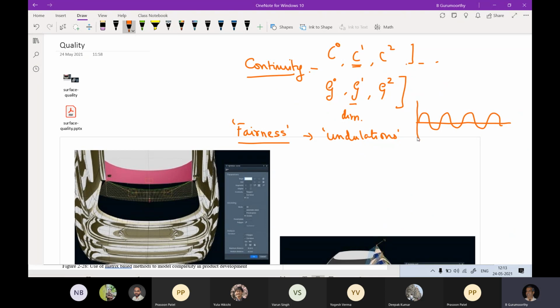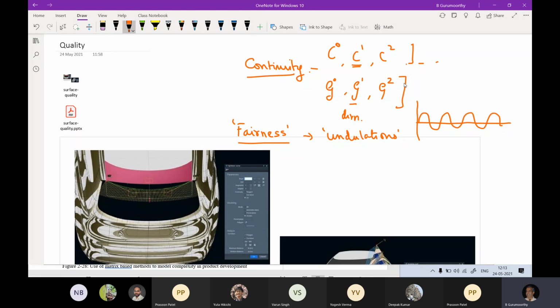As you know, they are continuous in as many derivative levels as you want to go to, because they will keep toggling between cos and sine, and therefore they will always be continuous. And yet it may not be a fair surface as far as CAD applications are concerned, because they have these undulations. So that is, in some sense, a very high level snapshot of what we are about today.